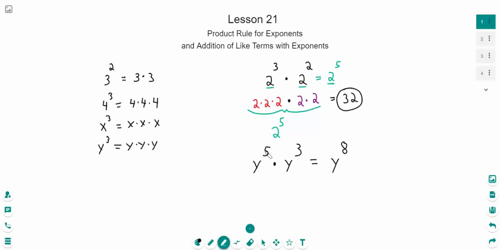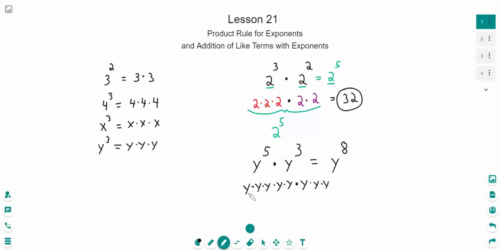All we're doing is adding the exponents. 5 plus 3 is 8. It's y to the 8th power. And again, if you wanted me to draw this out, just think about what this means. Y to the fifth means 5 y's being multiplied by each other, right? And then on top of that, we're multiplying it by 3 more y's.